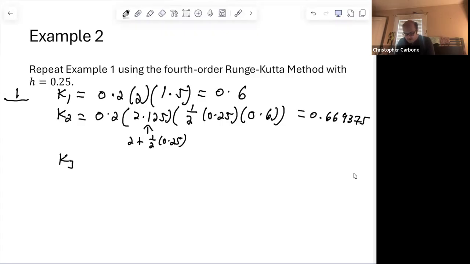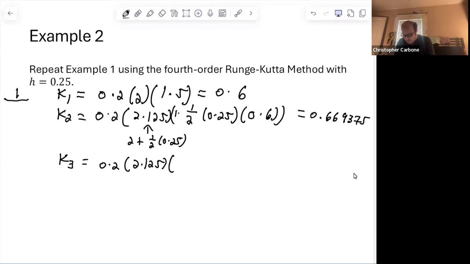K sub 3 would be 0.2 times 2.125 again, times... I forgot to add one more thing on the top here. I probably should put in here before I continue writing.